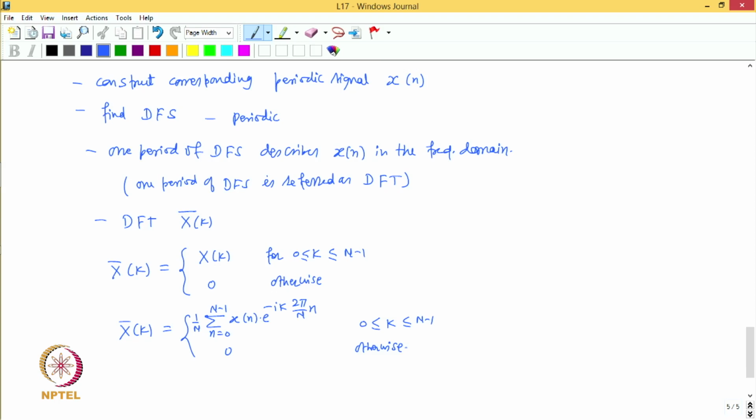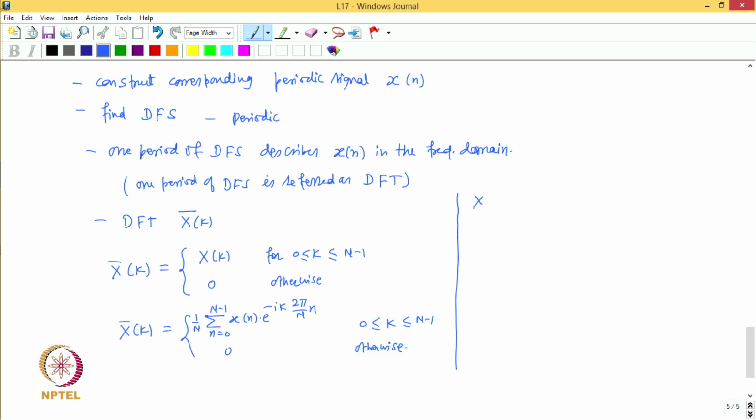So, here we can also replace x[n] by x_a[n], because the summation is only for the range 0 to N minus 1, and therefore x_a[n] also describes the signal in that range.